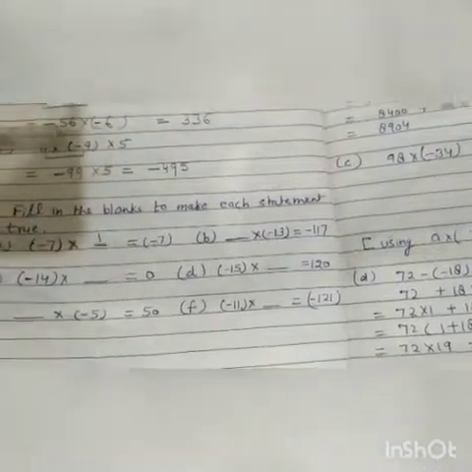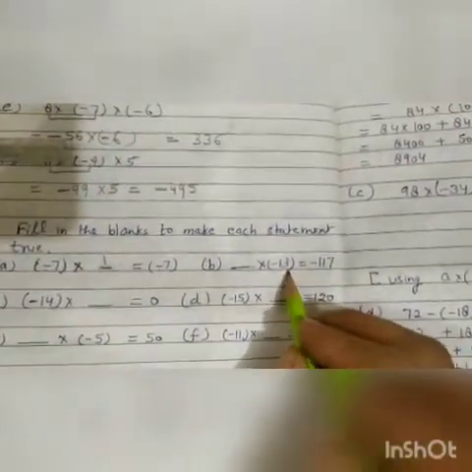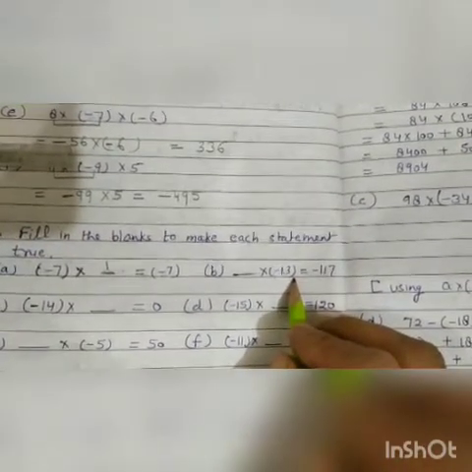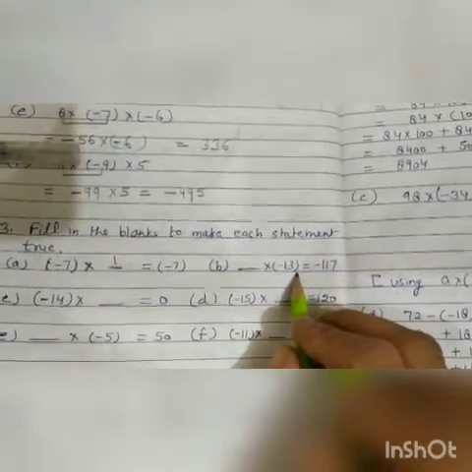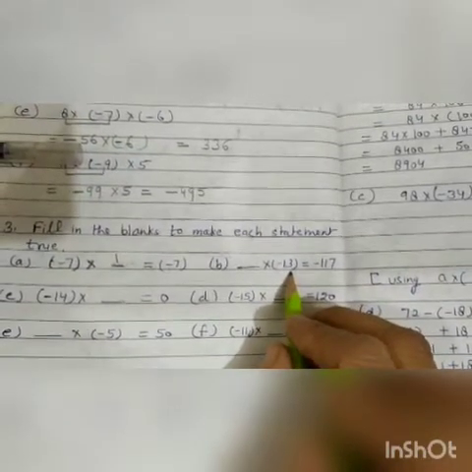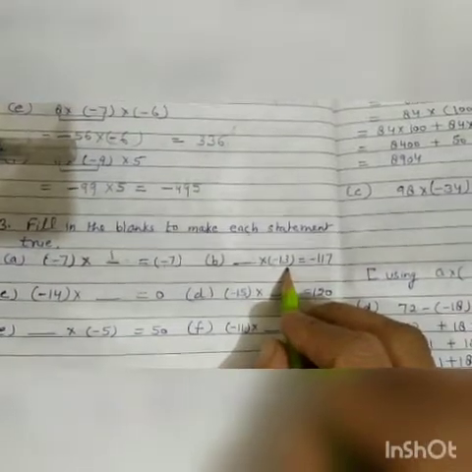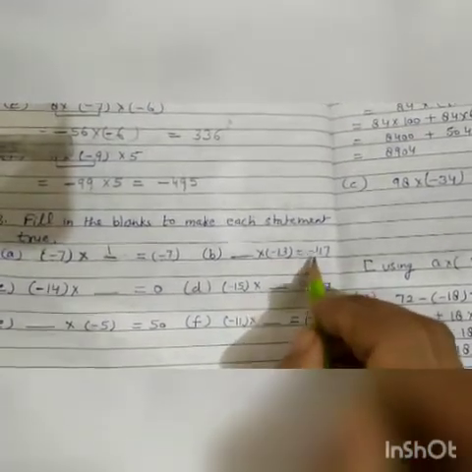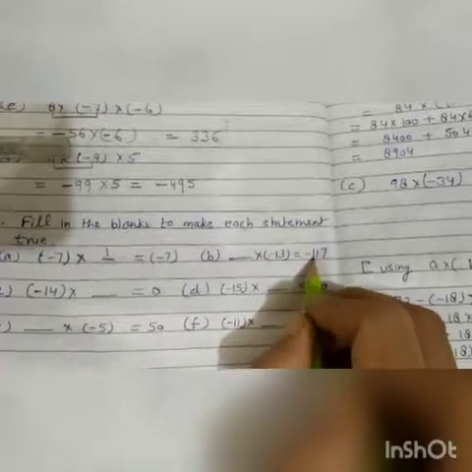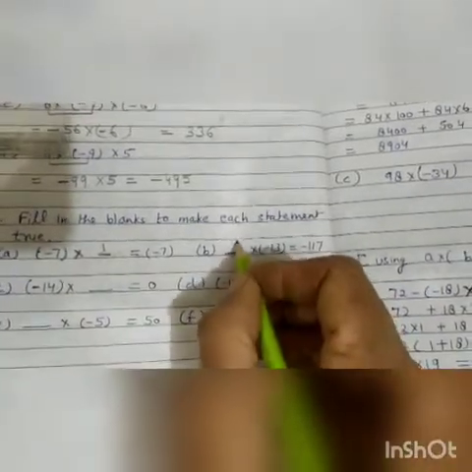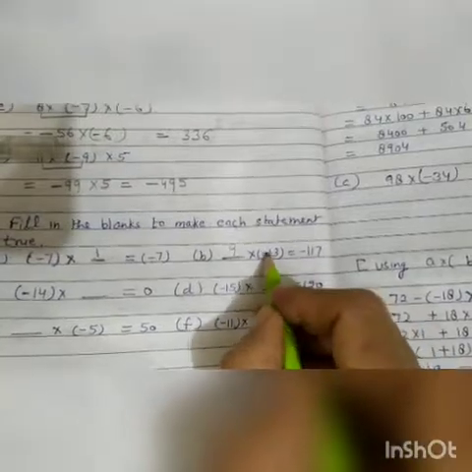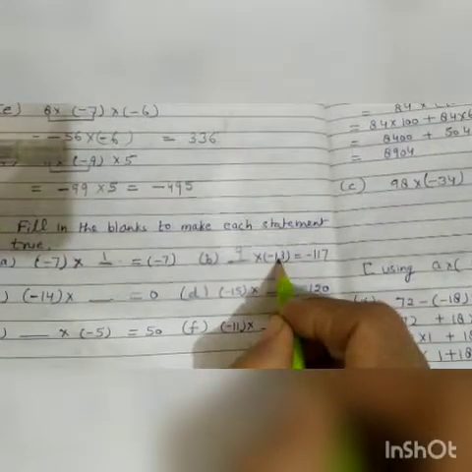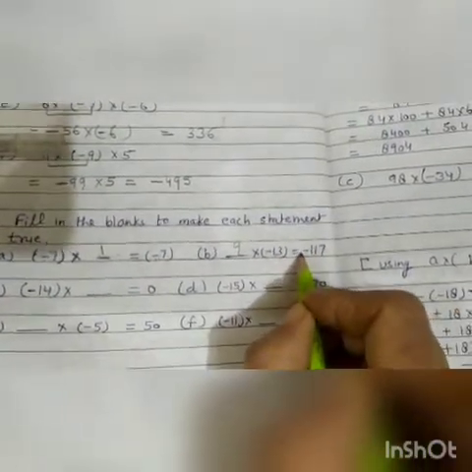If you know the table of 13, then we can read the table. 13 1 is 13, 13 2 is 26, 13 3 is 39, 13 4 is 52, 13 5 is 65, 13 6 is 78, 13 7 is 91, 13 8 is 104, 13 9 is 117. So we will write 9 here. Now check the sign. One integer is negative, the other is positive, so their product is negative. 13 times 9 is 117 with a minus sign.